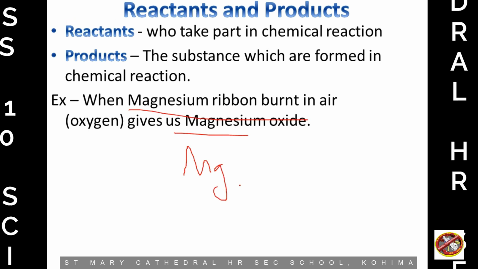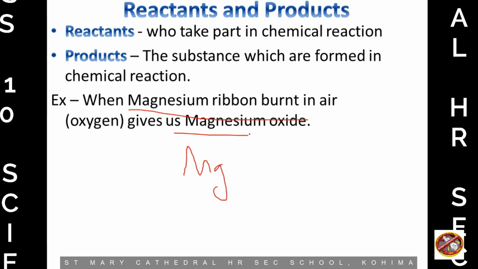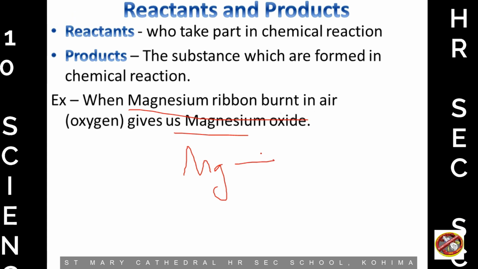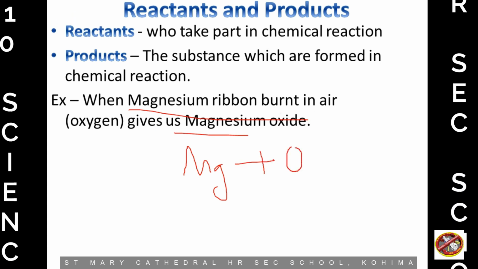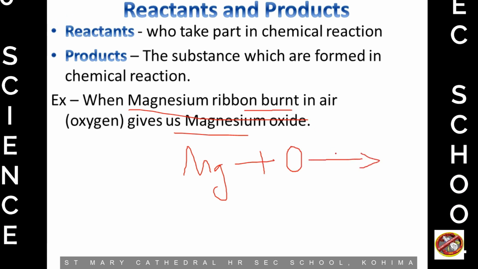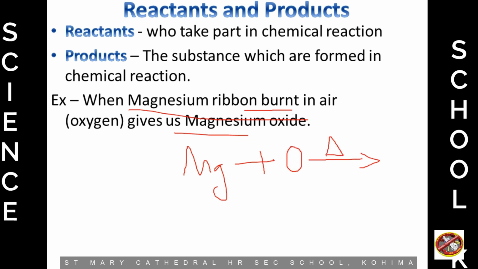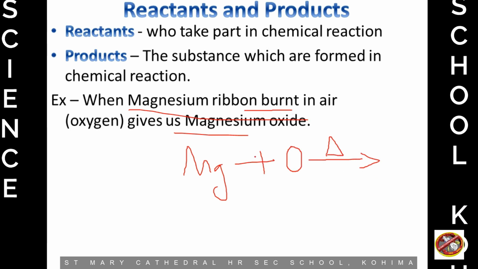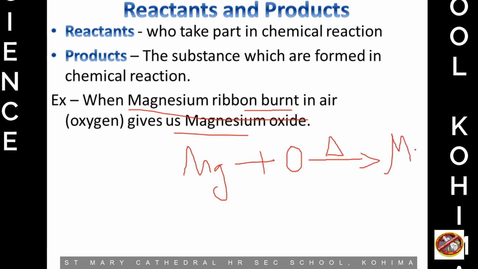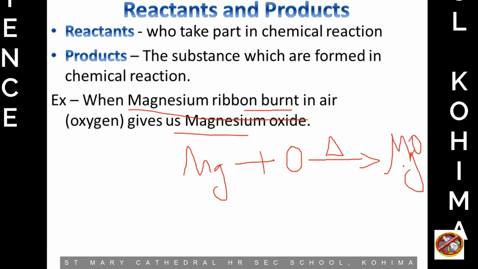Mg is the chemical formula, right? Now it is burned in oxygen, so it is reacting with the oxygen, plus it undergoes burning, which is heat or delta, right? You can use it like this. After that, what do you get? It gives us magnesium oxide, so you are getting MgO.